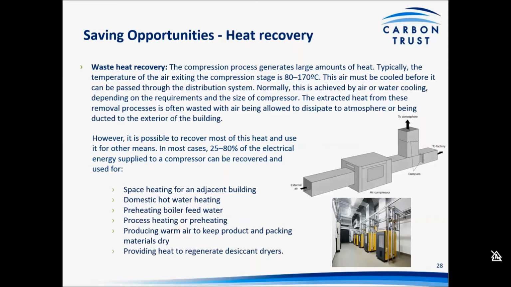Where you're using air, that can be used to offset the heating requirements in the factory space or warehouse, and it's a simple case of installing the ducting and the bypass. Obviously, you only want to use that air during the winter, and during the summer months you can allow it to vent to atmosphere. Very simple, very cost effective, and that would be a common recommendation that we should see.